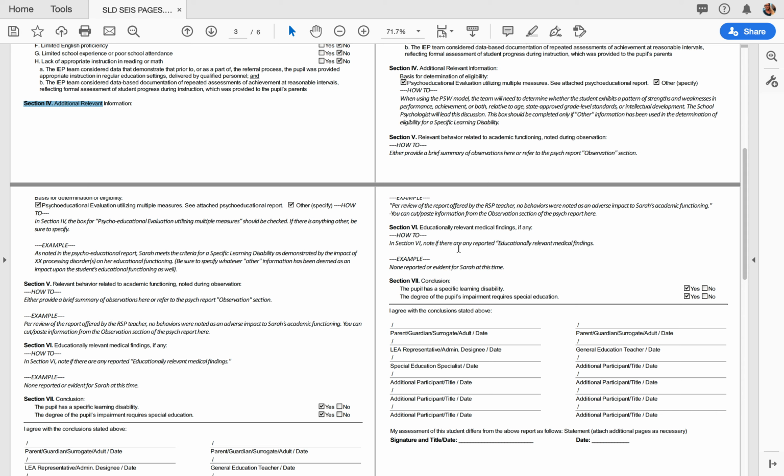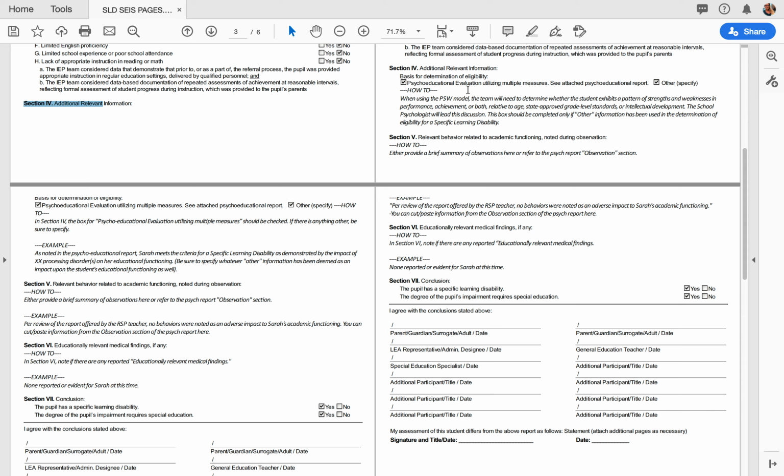Each of these sections is fairly self-explanatory. In section 4, the box for psychoeducational evaluation utilizing multiple measures should be checked. If there is anything other, then make sure that you're specifying. We provide a how to complete this and then an example for both sections.